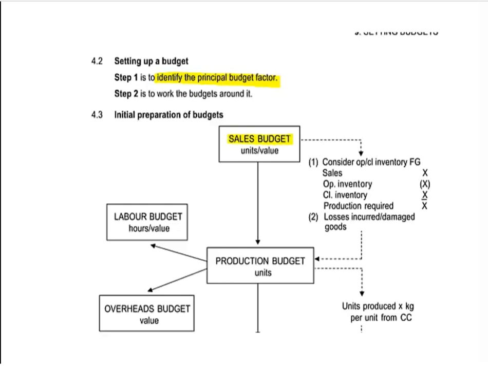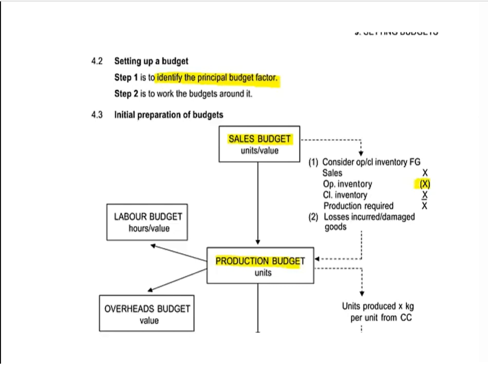So we start with our sales budget and we think then about how many units we're going to need to produce. Now the sales budget would be the same as the production budget if there weren't any inventories of finished goods. But if there are, any opening inventory will reduce the number of units that we need to produce.